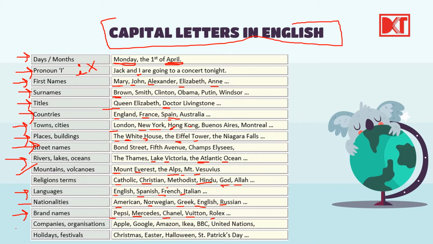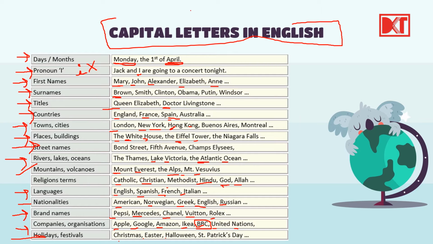Any companies or organizations like Apple, A capital, Google, G capital, Amazon, A capital, BBC, it's a short form, so all of it is capital. United Nations, U and N capital, holidays and festivals, Christmas, Easter, Halloween, all these.